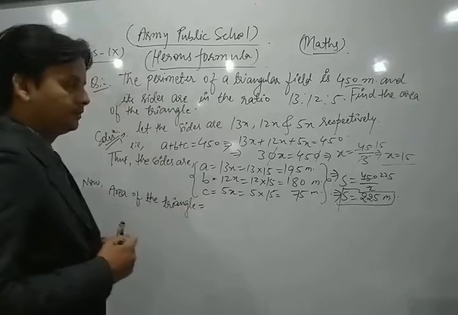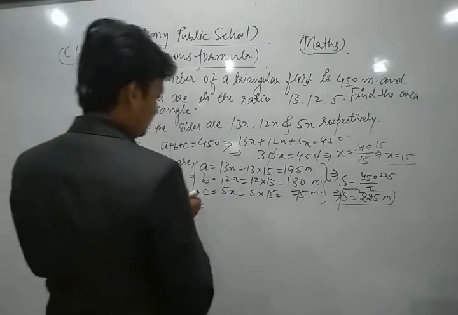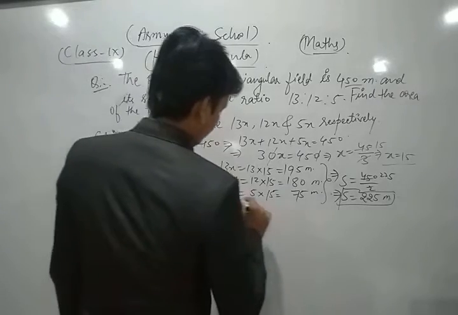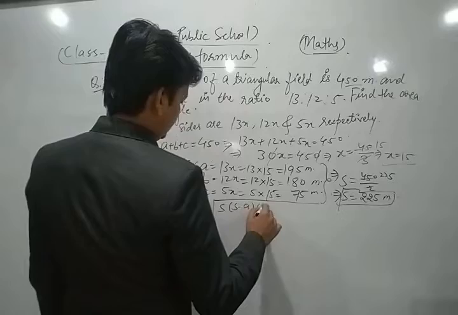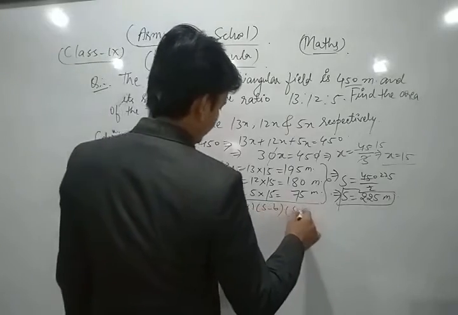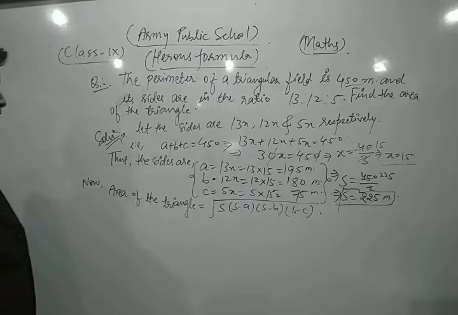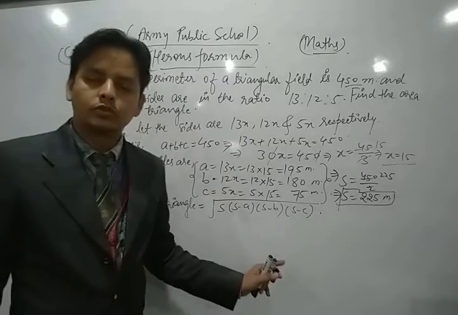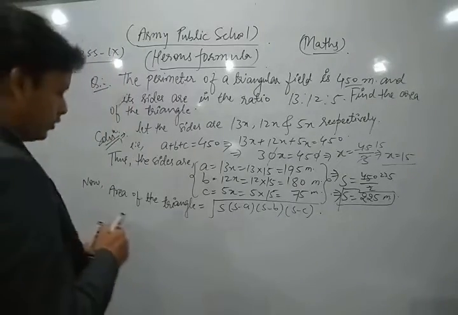The area of the triangle is the square root of S into S minus a, S minus b, and S minus c. This is Heron's formula. Now we put all the values in the formula.